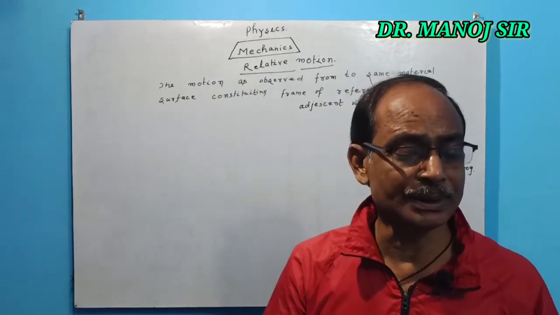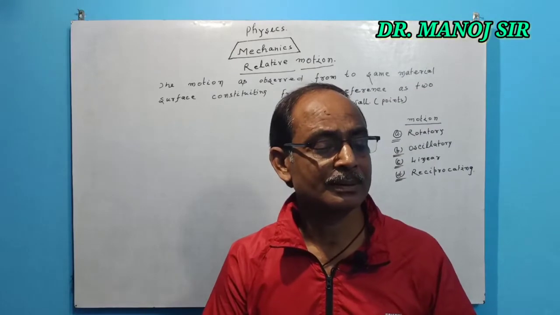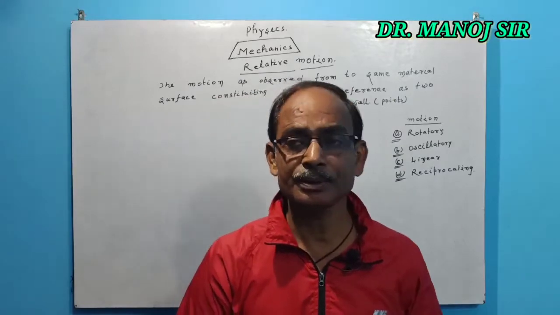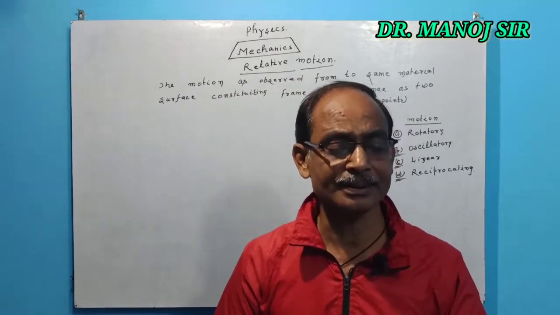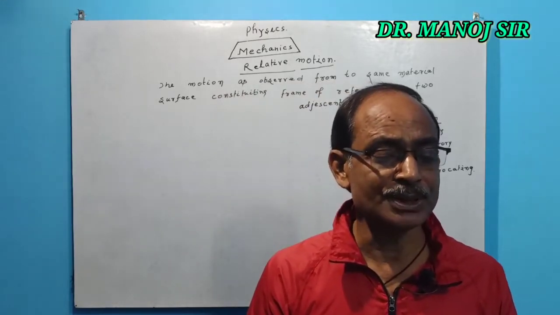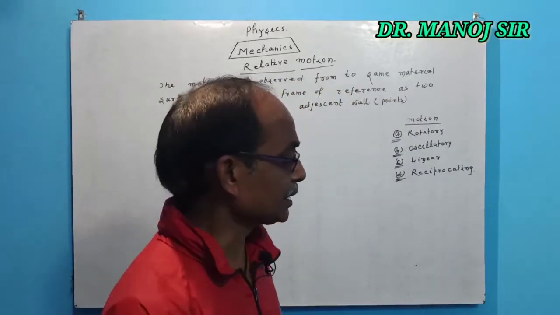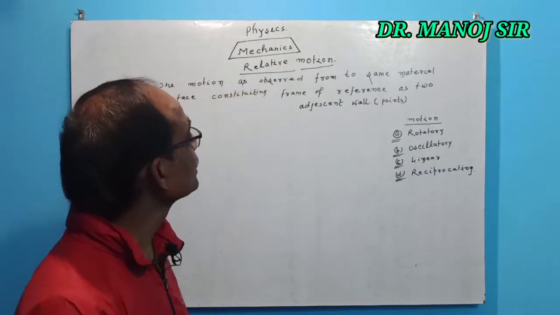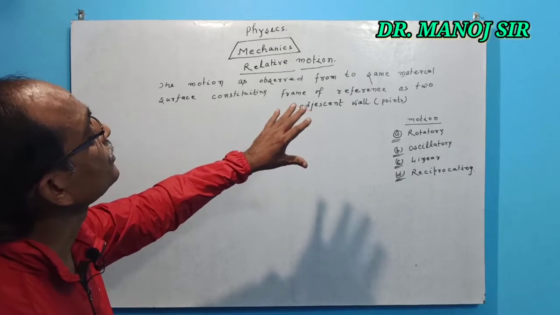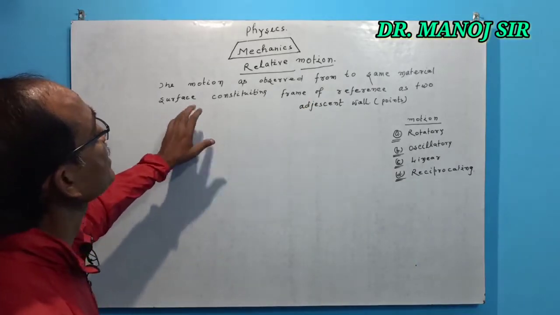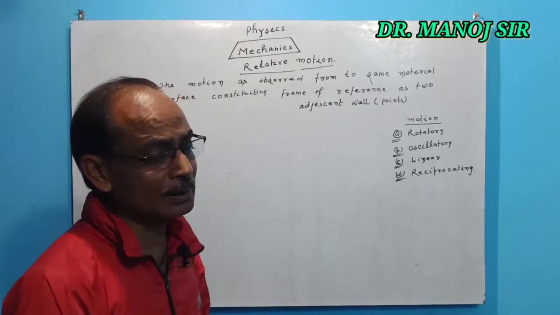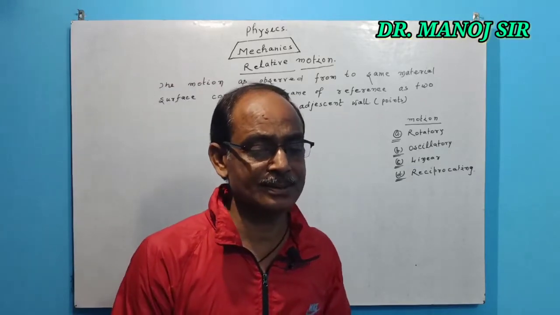Everywhere we apply relative motion, whether it is relative velocity, relative acceleration or anything else. Relative motion is the motion as observed from two frames of reference, as two adjacent points.